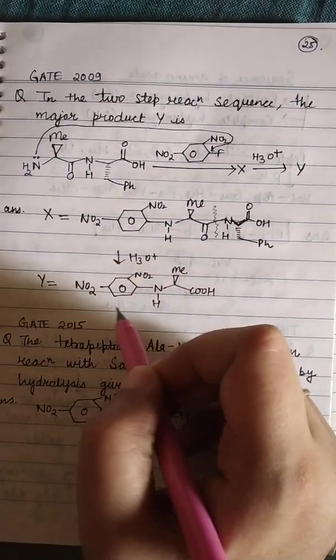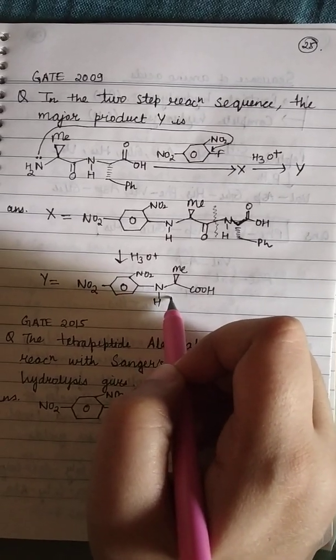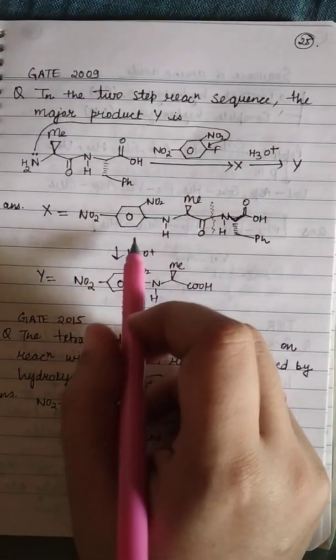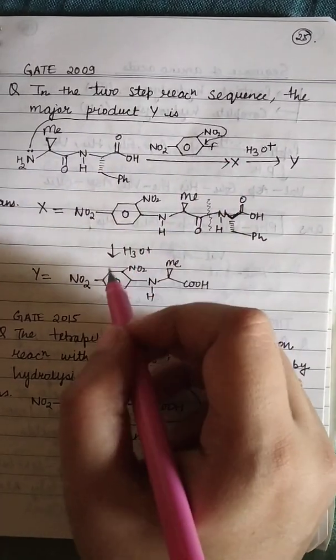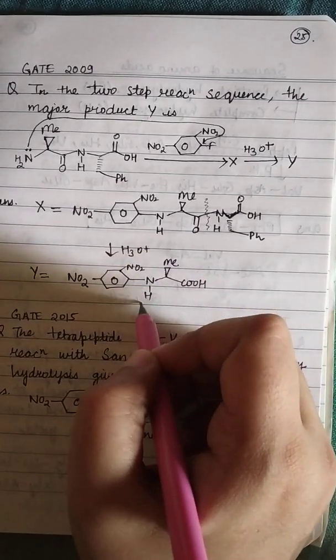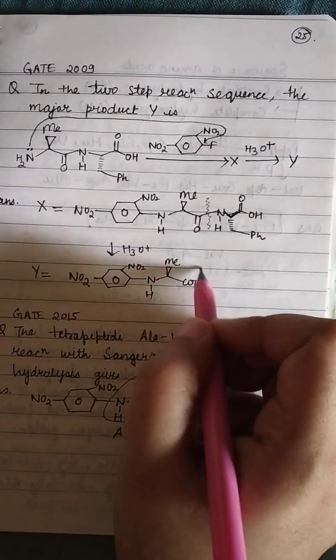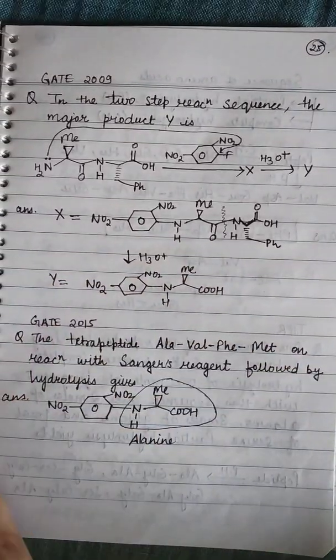So the main product will be this. The Sanger's reagent is attached to the N-terminal amino acid, and HF is removed in between. It was already removed in the previous step. So this is the final product, the Sanger's reagent attached to the N-terminal amino acid, right? And this is alanine amino acid attached to Sanger's reagent.